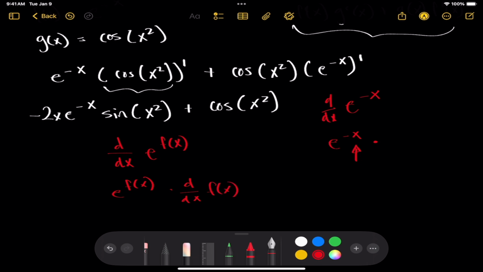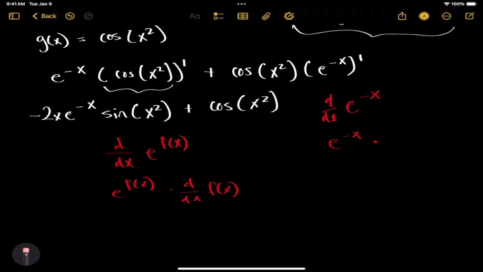So we already rewrote e to the negative x. So we're done with this part here. Now we have to take the derivative of the exponent, which is just negative x. And that's just going to be negative 1.